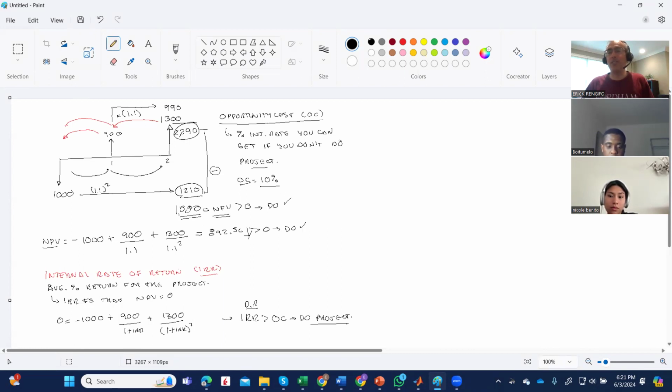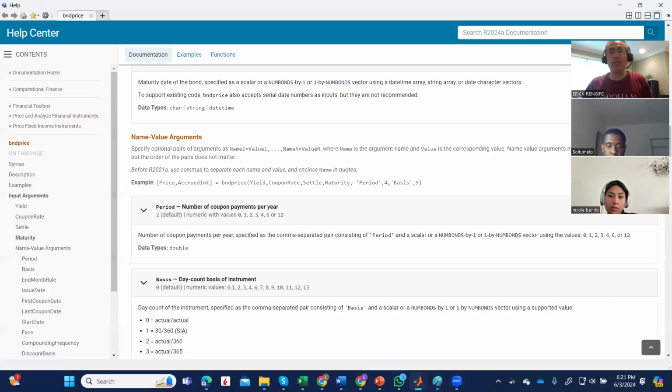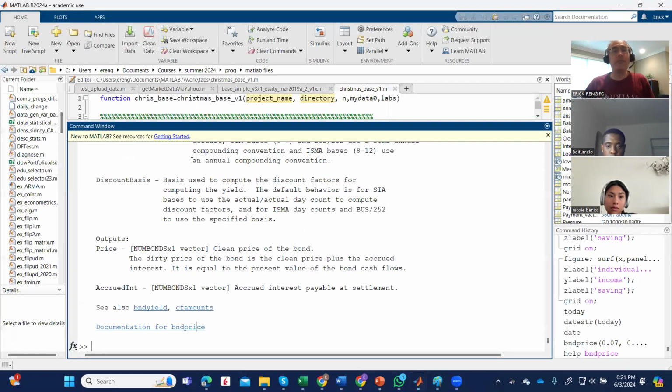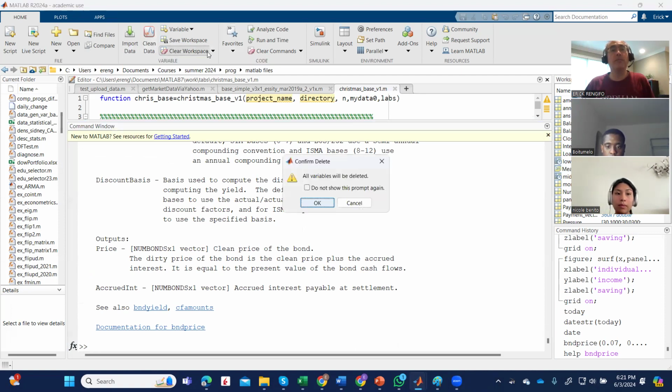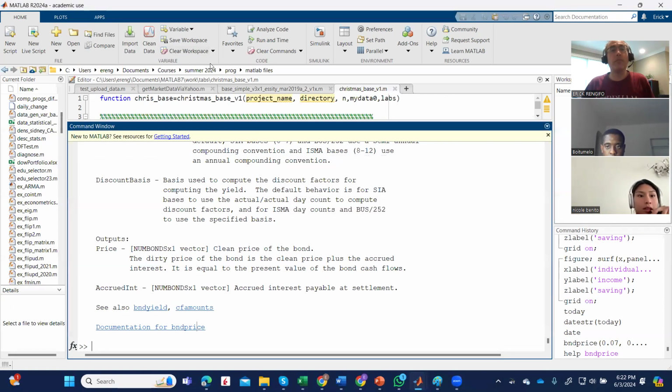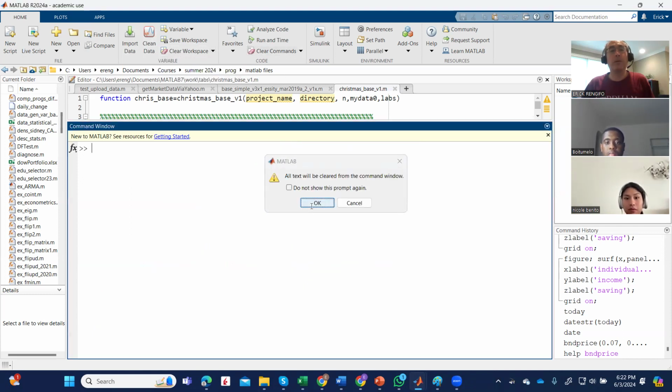Okay, so let's do this in MATLAB. Let's compute the numbers using MATLAB now. So can you open your MATLAB, guys? Okay. So let's create our cash flow.